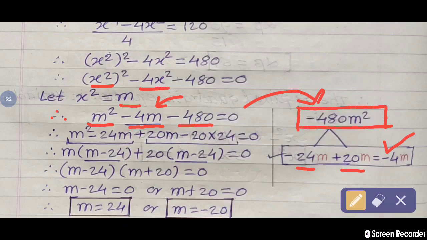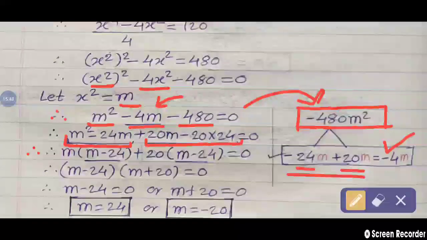Clear all of you? Substitute here now. So the middle term is split in the form of these two factors. So m square, instead of minus 4m, what are we writing? Minus 24m plus 20m minus 480, but the factors of 480 are 20 multiplied by 24. So what is common?